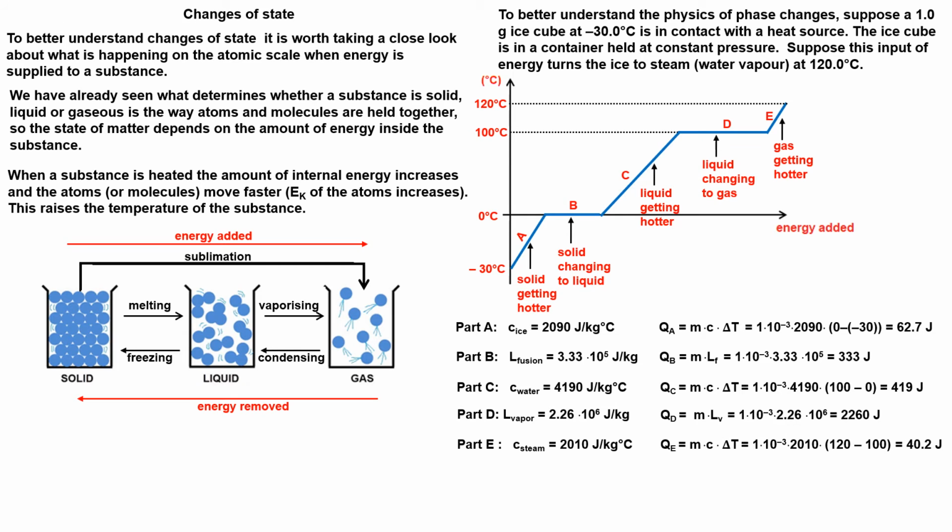The total amount of energy that must be added to change 1 gram of ice at minus 30 degrees Celsius to steam at 120 degrees Celsius is the sum of the results from all 5 parts of the curve. This exercise will help you better understand the theory.